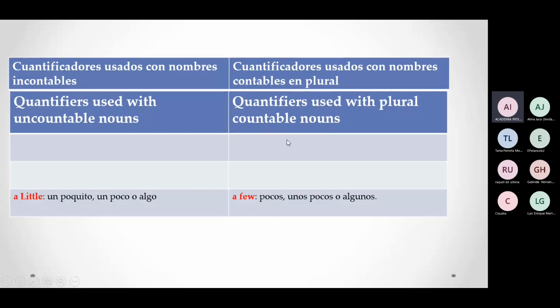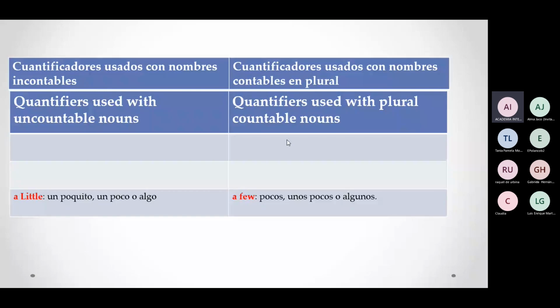¿Qué significa? ¿Cuál es el significado de cada uno de ellos? Todo depende de cómo lo interpretemos. No tiene un significado exacto, sino más bien cómo lo interpretemos. Por ejemplo, a little, most of the time we can interpret that word like un poquito, un poco o algo.